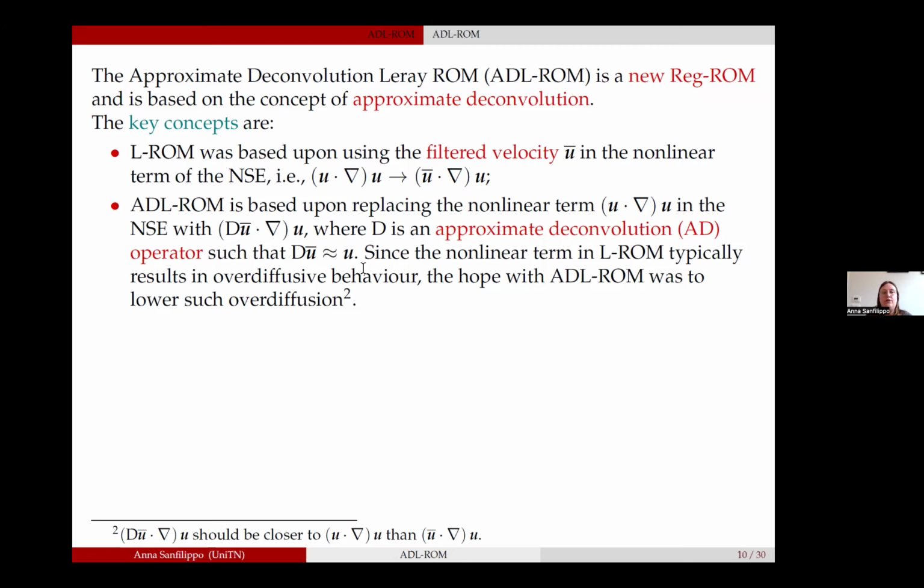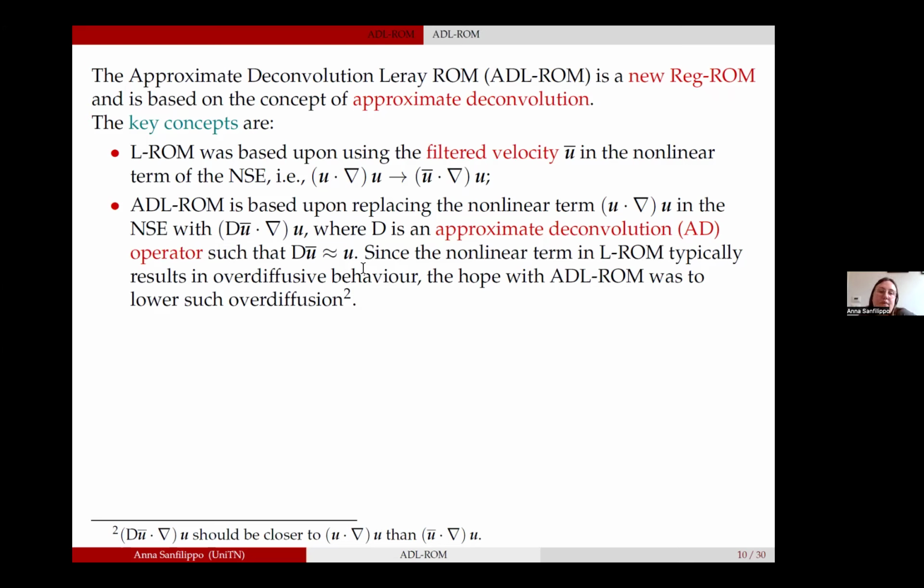But in this way, we also have, let's say, the smoothing effect of L-ROM preserved, but in our experience only for the spurious numerical oscillations. So ADL-ROM should preserve the physical vortices and physical oscillations. At least that was our hope, and now we are happy with it. But at the beginning we didn't know, and so I will show you also the procedure to find that this is working during the results.